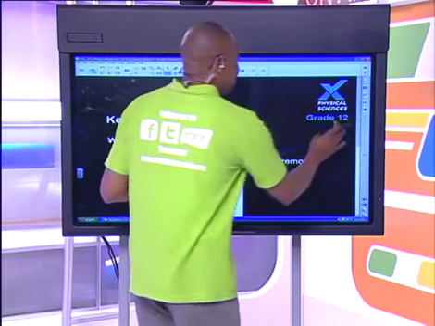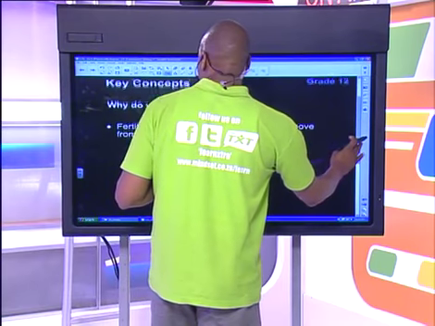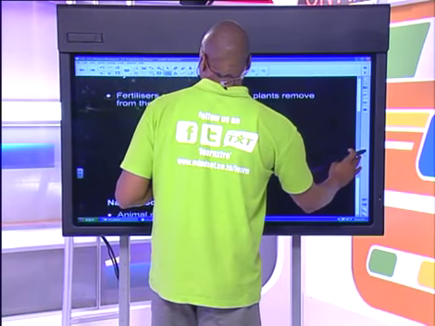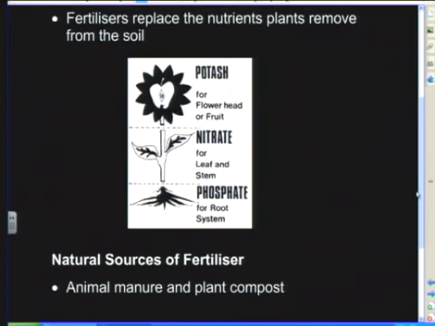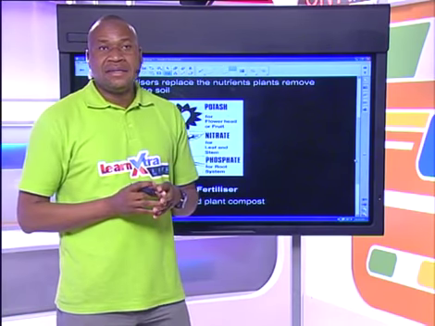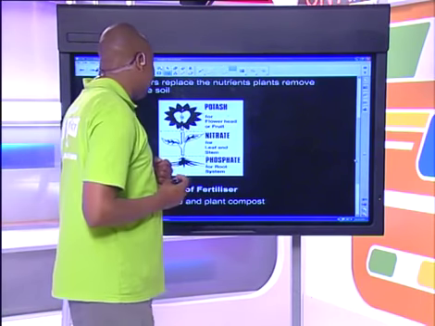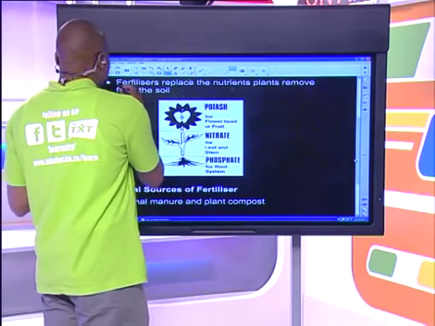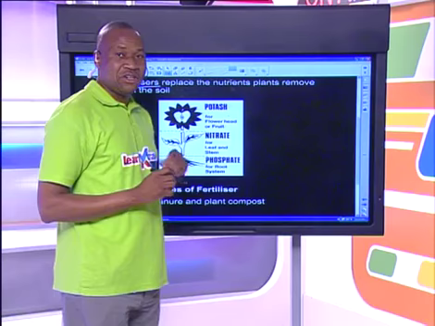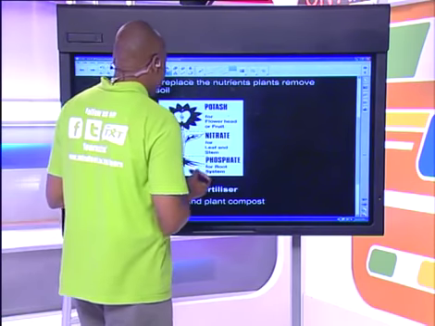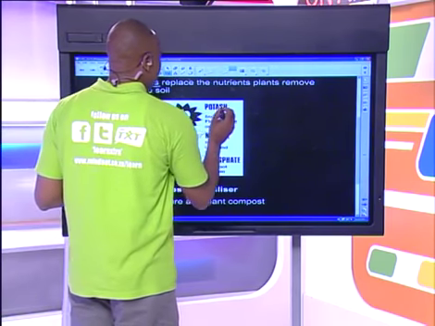Moving on. Now, let's come to this here. Why do we need fertilizers? I've spoken about primary nutrients, what they do to plants and everything. But then why do we need those fertilizers? And of course, these are artificial fertilizers. These are fertilizers that we manufacture in industries.